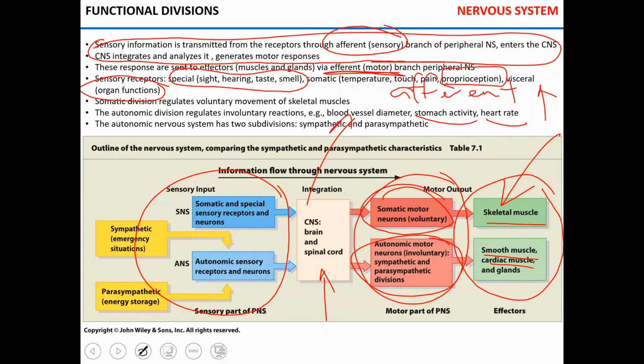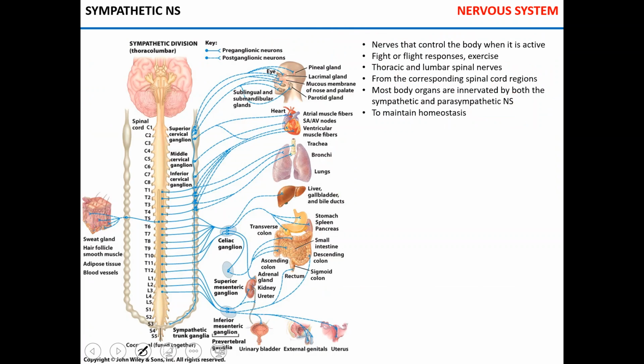Now, this autonomic branch has two divisions, sympathetic and parasympathetic. The sympathetic division of the nervous system governs responses that are associated with excitement, fight or flight, exercise.